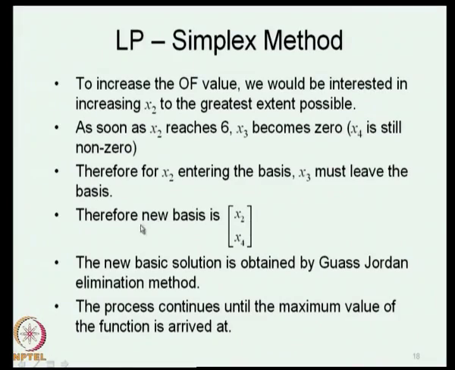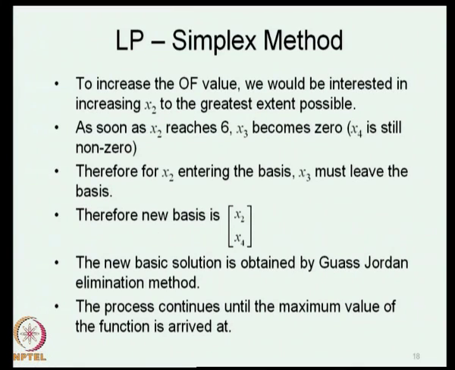We reformulate the basis by taking out x 3. So, earlier you had x 3 and x 4, x 3 goes out, x 2 comes in, and therefore, the new basis is x 2 and x 4.